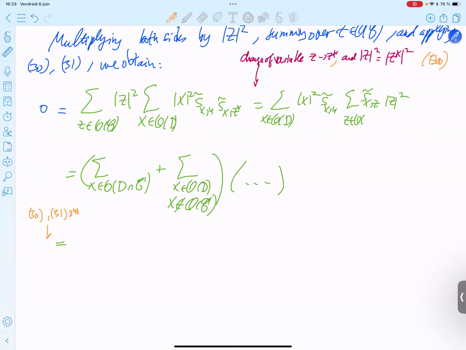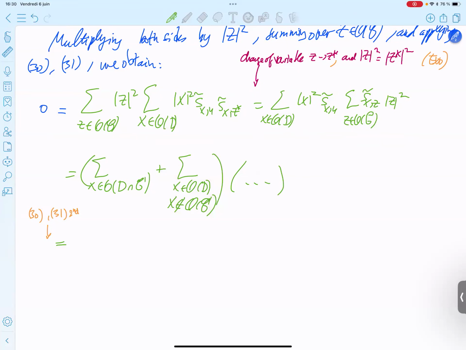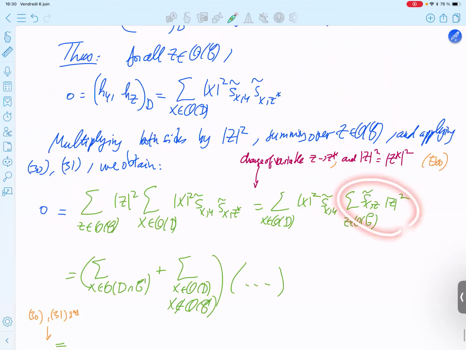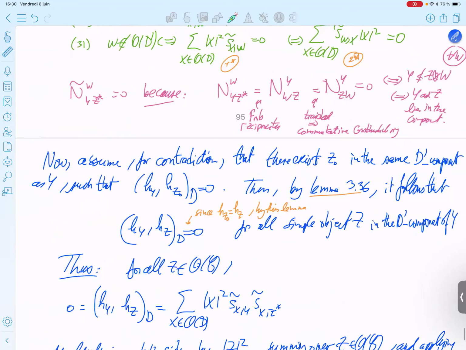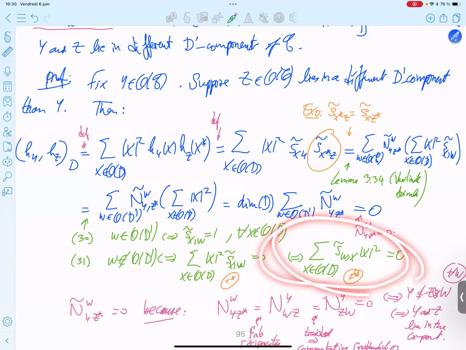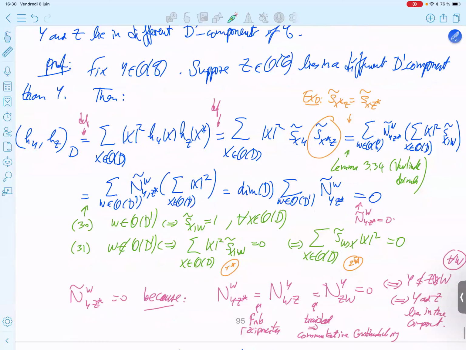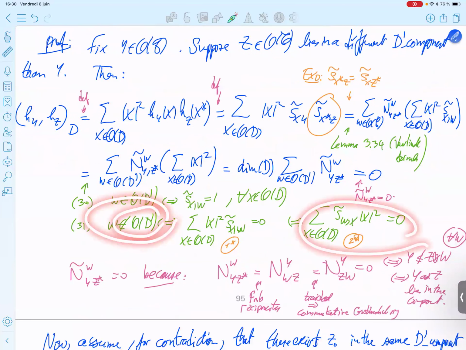Here it's in C. Yeah, so we make the sum for all Z in C. And if you consider only the summand when X is not in C prime, and you apply this one, here we replace, here it's for D, but we do it for C. So not in C prime now, you have 0.